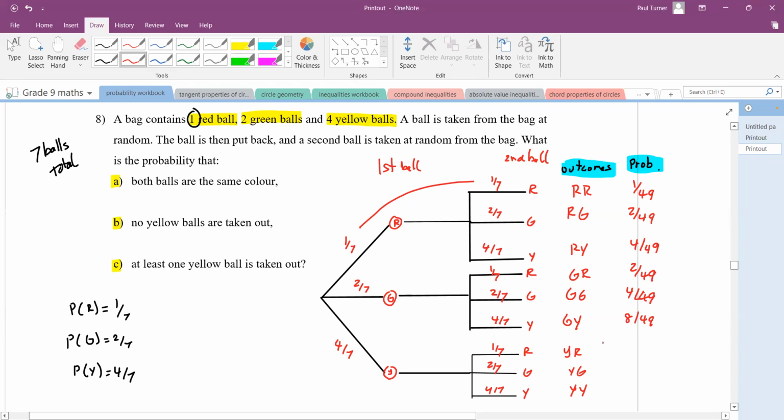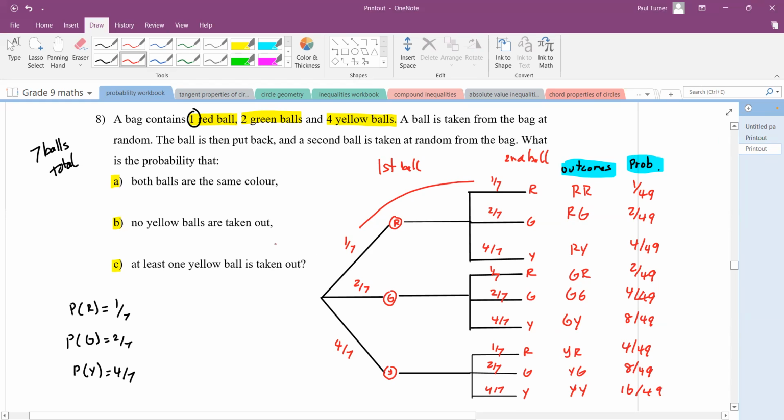Then 4 on 7 times 1 on 7, 4 on 49. 2 4s are 8 on 49. 4 4s are 16 on 49. So as you can see, the probabilities are mostly different for every outcome.